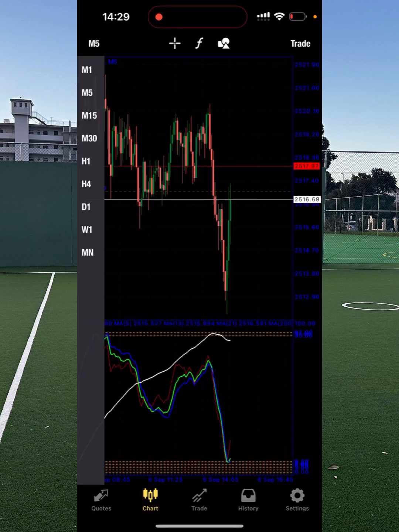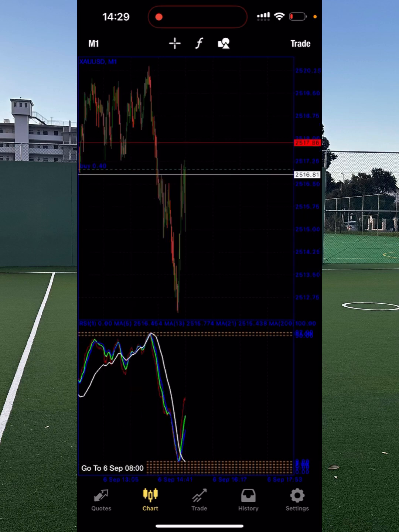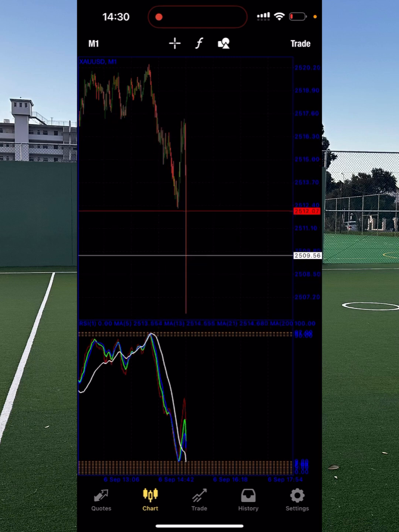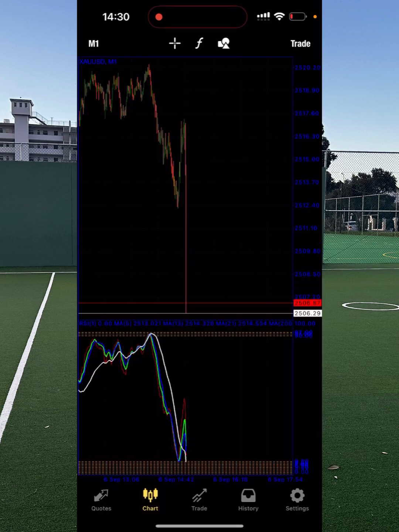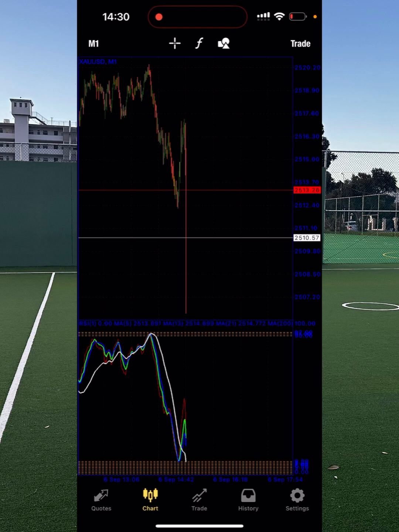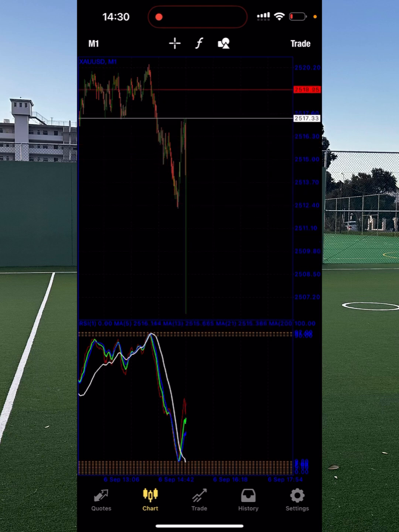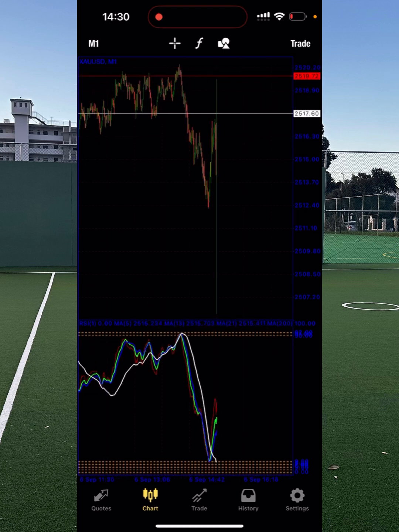Let me switch on 1 minute, guys. We're gonna risk this account, guys. When it comes to trading, what? No way, bro. Shit, guys.